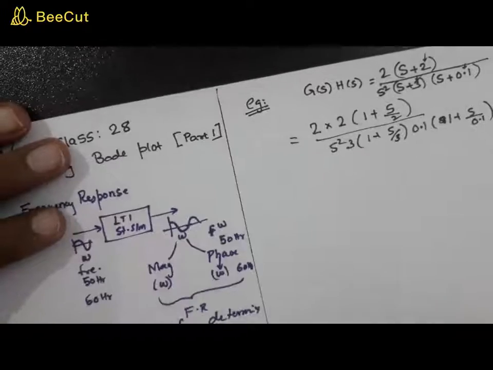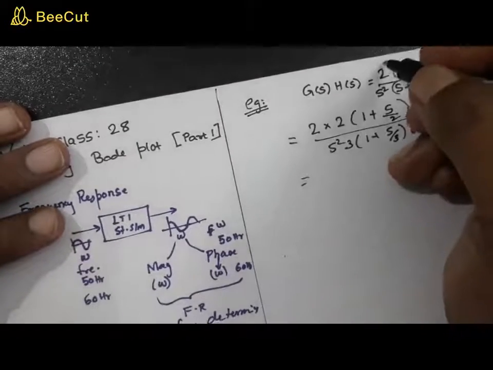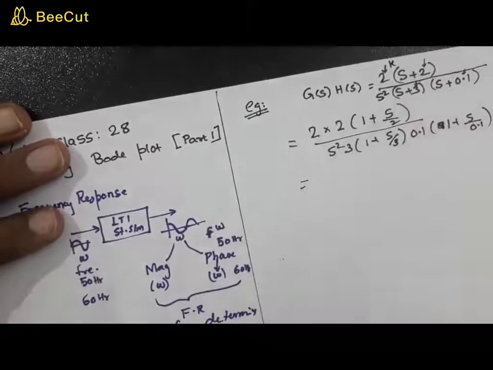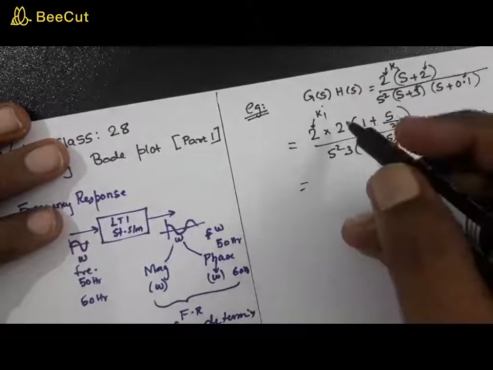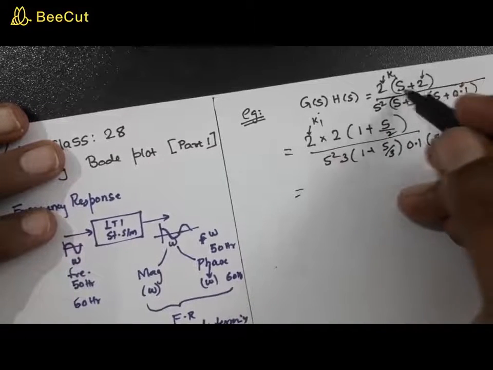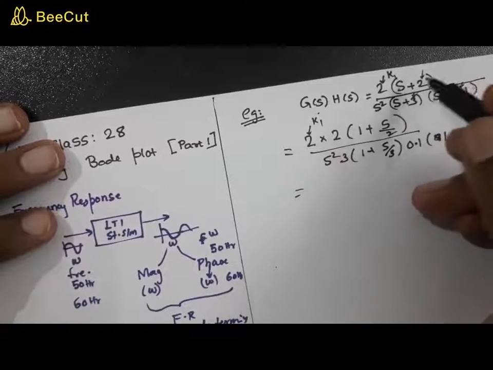So this is the initial constant you have, K1, and this 2 is the common factor you are taking out from this factor.